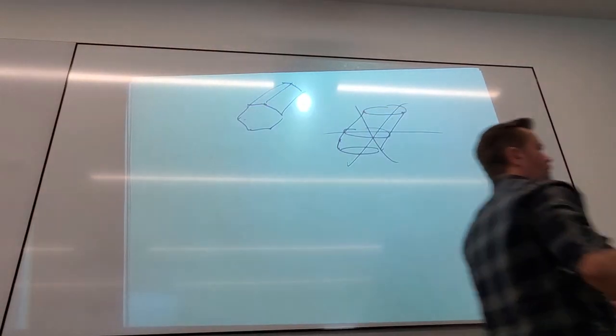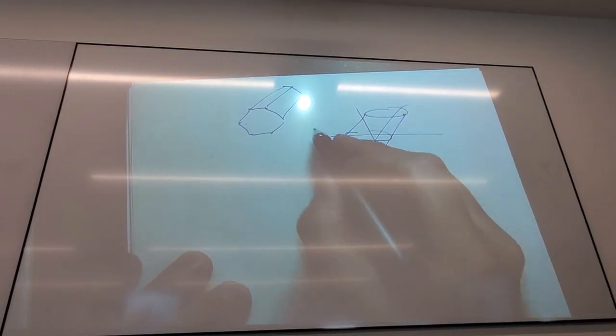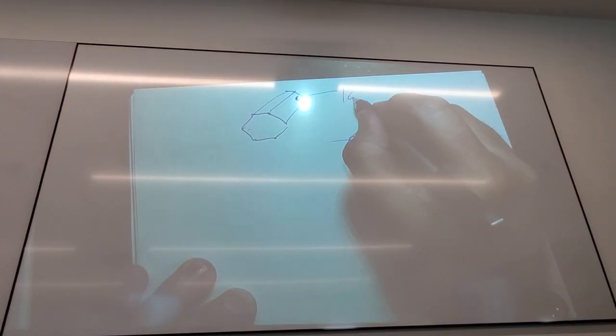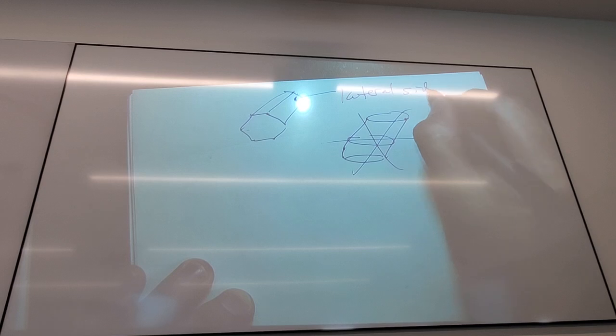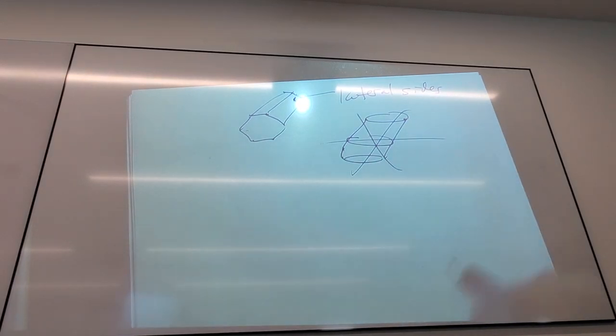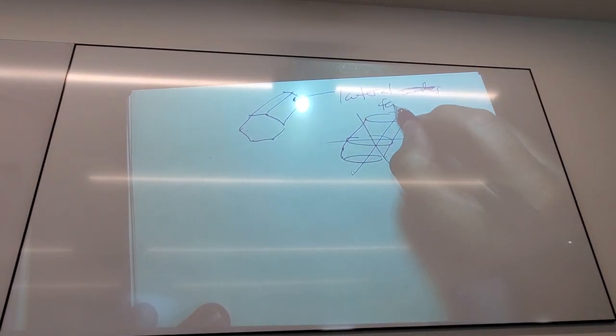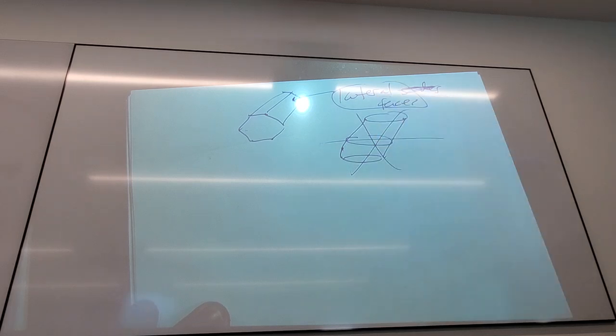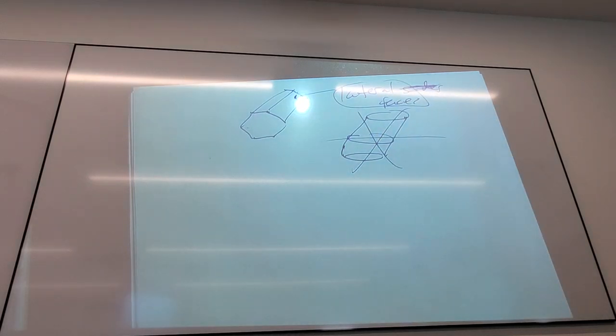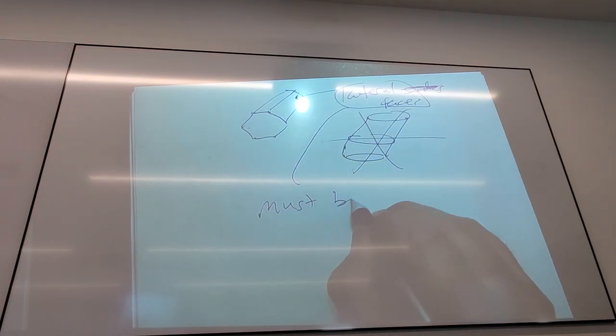Those rectangles or parallelograms in general are called the lateral sides. Even better than that, lateral faces, because lateral means side. And if I create a prism from a polygon, those lateral faces must be parallelograms.